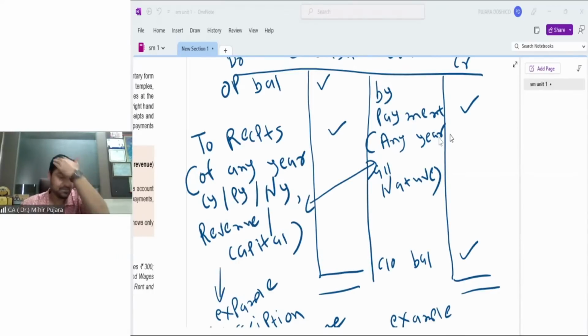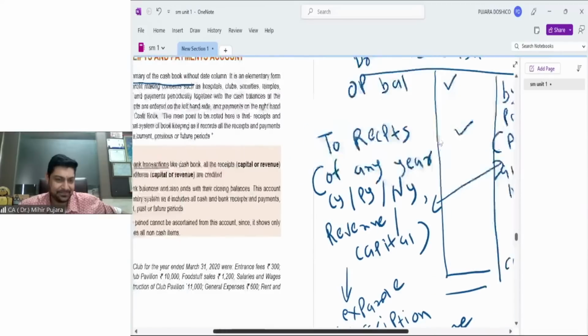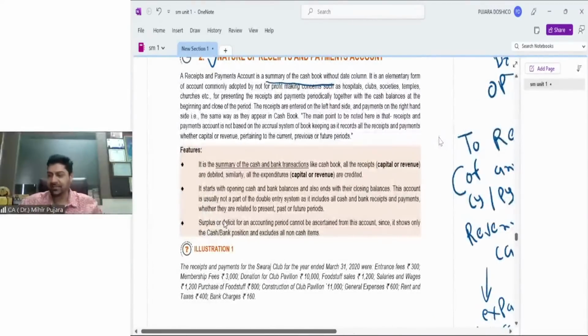Yes, guys. This is RNP, right? Purely cash book. And now, guys, if you read these three bullet points, you'll understand it more properly.